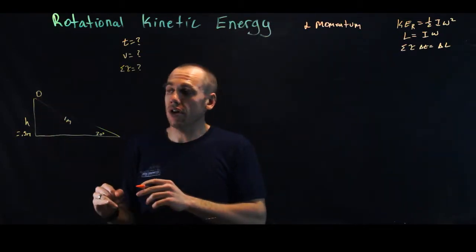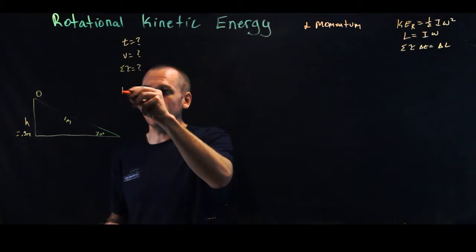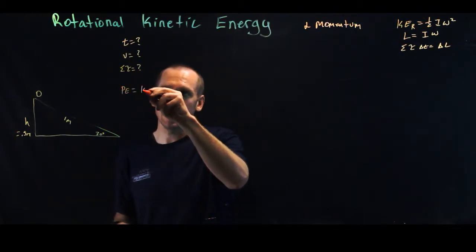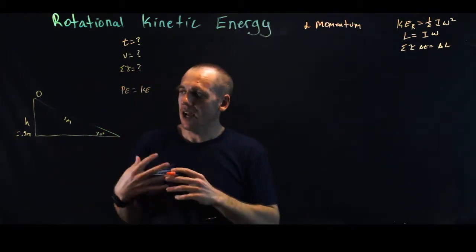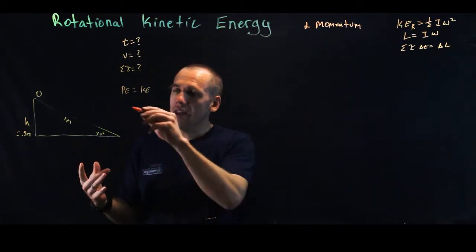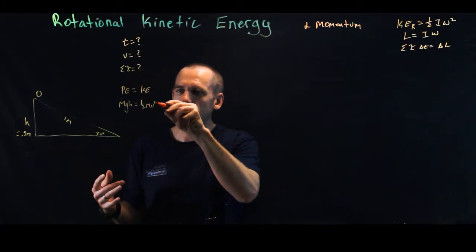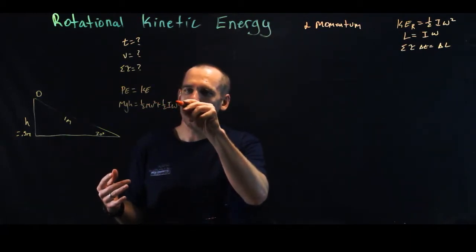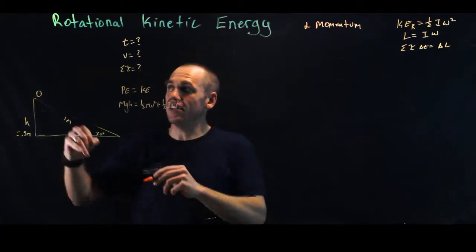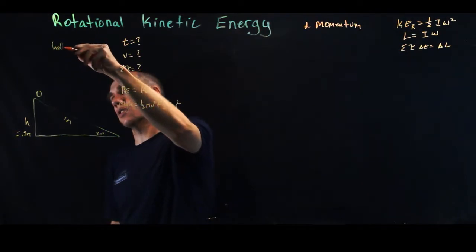So let's start with our energy equation. We know that the potential energy at the top is equal to the kinetic energy at the bottom because no energy is lost. So that means mgh equals 1/2 mv squared plus 1/2 I omega squared. And let's say this is a cylinder, a hollow cylinder.